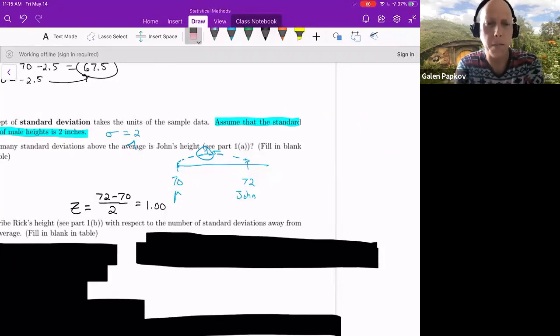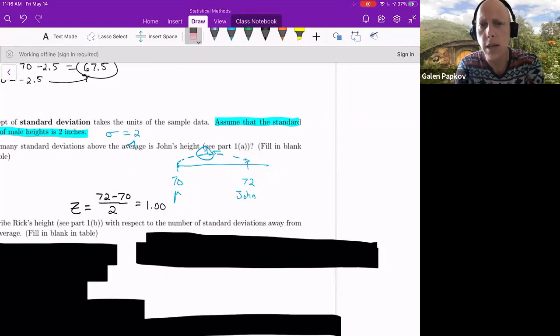So on the left side in black, I've got a more formulaic approach. 72 minus 70 gives you the distance in inches that John is with respect to the average. Divided by 2, the standard deviation. And so 2 over 2 is 1, or 1 standard deviation above the mean.